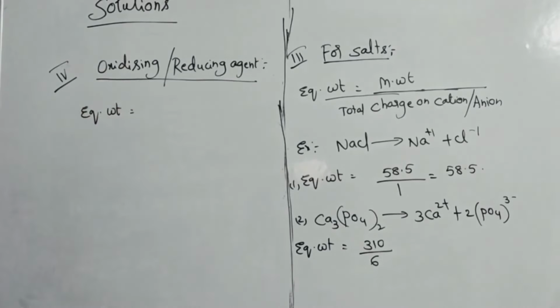Then you have to find small w. Substituting the molarity, 0.1 is equal to small w by 278 by 1000. Cross multiplying, you will get the answer for small w.